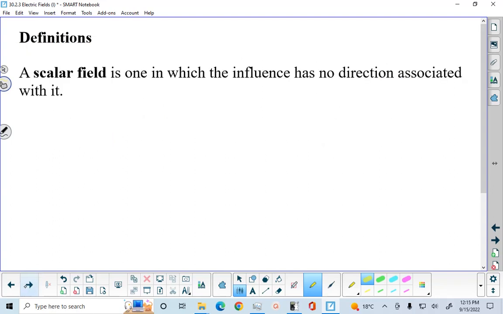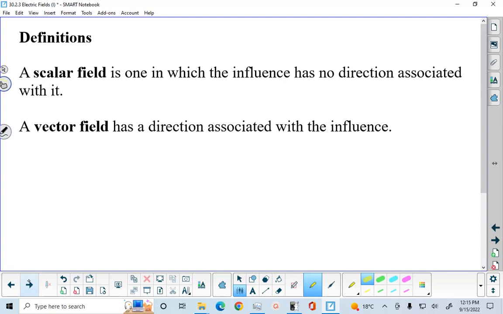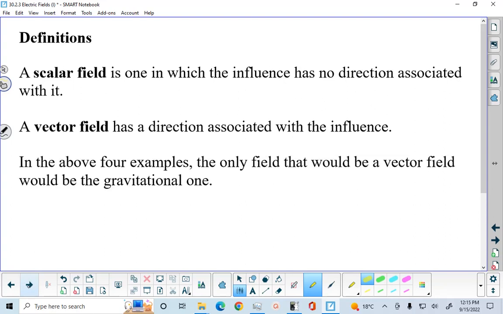So some definitions now. Fields can be scalar fields or vector fields. A scalar field is simply a field in which the influence does not have a direction, and a vector field is a field where the influence does have a direction. In those four examples, the gravitational field would be a vector field because the influence is a gravitational force, and force has direction.